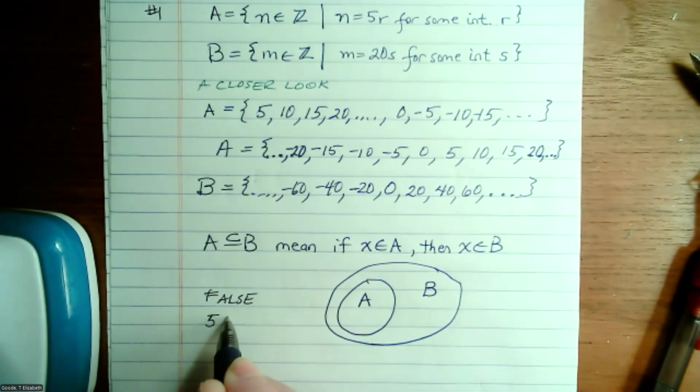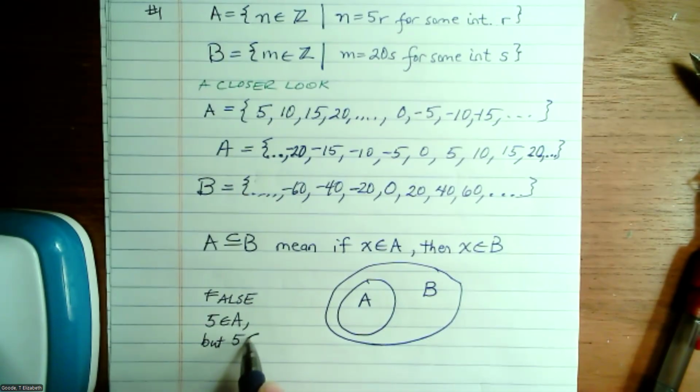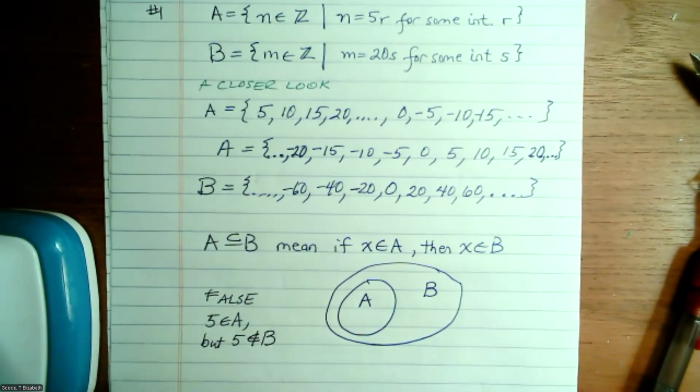Because 5 is an element of A, but 5 is not an element of B.